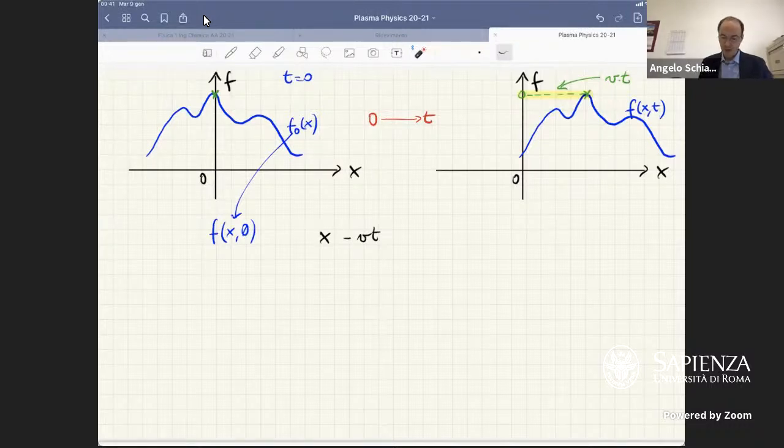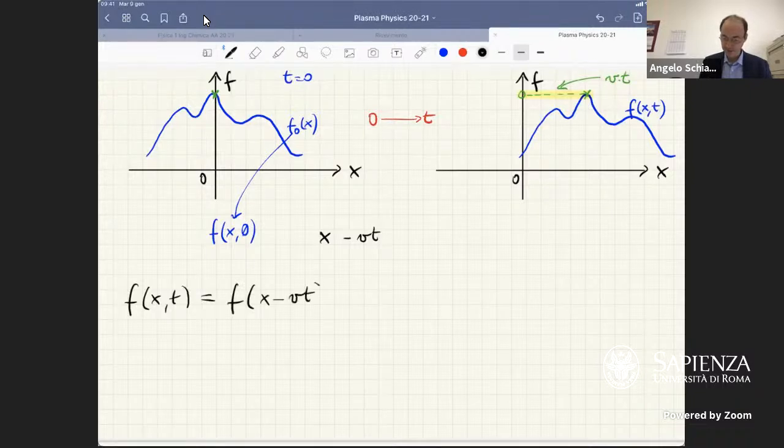Our generic solution, as we wrote it before, is a function f of x and t, which is just in the form of x minus vt. And I'll write it again, this is the progressive solution.